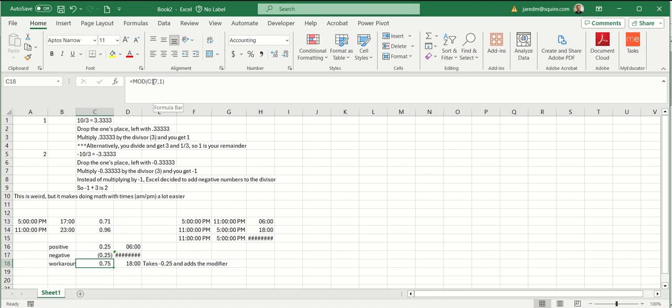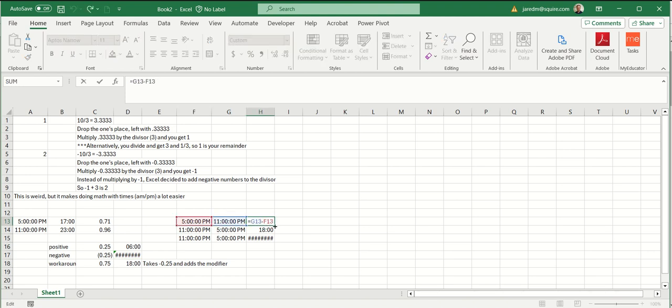So negative 0.25 divided by 1 gives me a remainder of negative 0.25, because the division by 1 doesn't really do anything. But then I have my negative 0.25, and I add 1 to it to get 0.75, which converts to that 18 hours. Said a little differently, if I look here, 5 p.m. to 11 p.m., that's a 6-hour difference.